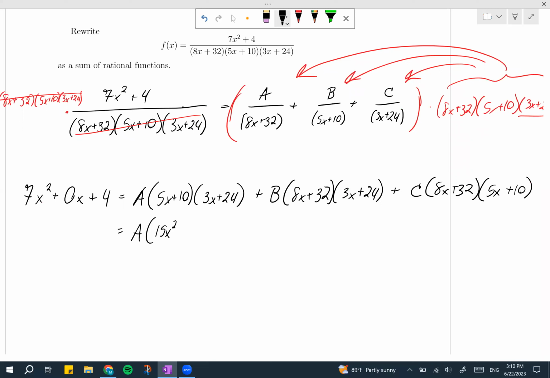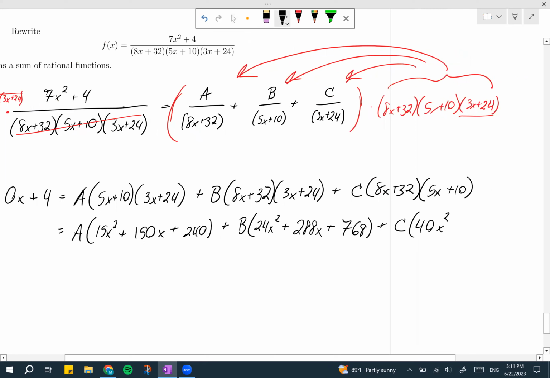I have my calculator right here, so that's how I'm able to get these numbers quickly.